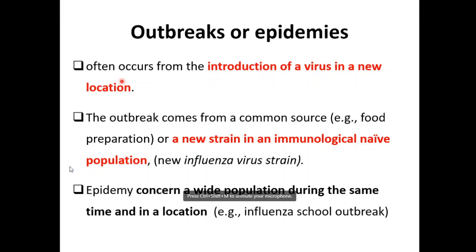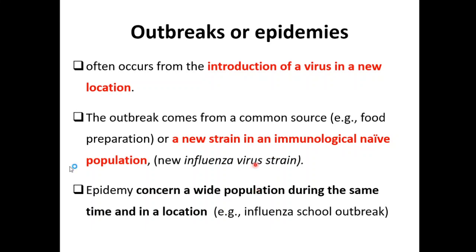So outbreak or epidemic is often the introduction of a new variant or new viruses in a new location. In that way, most people are susceptible, with no specific immune response, no memory. And the outbreak comes from a common source, like food preparation, or a new strain in an immunologically naive population, like a new influenza virus strain, like this COVID-19.